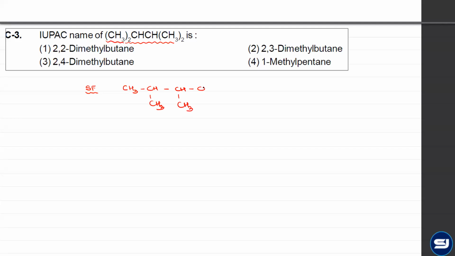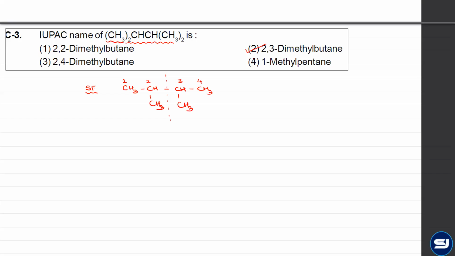CH, CH. So CH3 twice means 2 methyls are on CH, again CH, and then there are 2 methyls. It's a symmetrical structure, and the name will be 2,3 dimethyl butane.